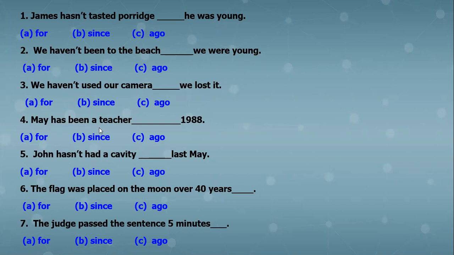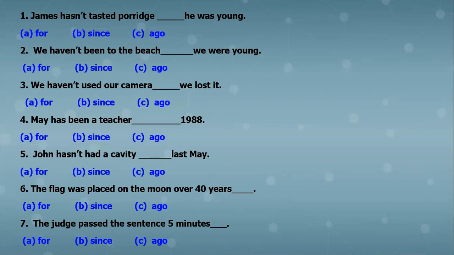May has been a teacher, 1988. So when did May start being a teacher? In 1988. So May has been a teacher since 1988. John hasn't had a cavity since last May. John hasn't suffered from a cavity in his teeth since last May. The flag was placed on the moon over 40 years ago.